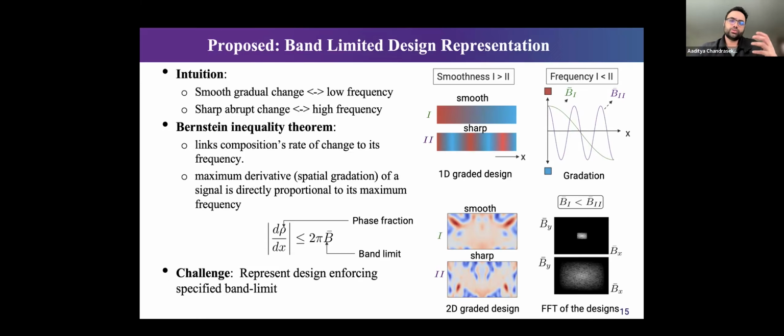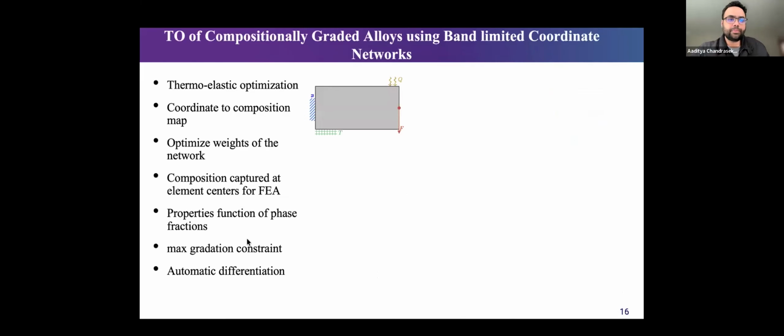So we put these two together, an implicit neural network with a band-limited representation, and the fact that we wanted a spatial gradation constraint, to get a representation that can be used to implicitly control the gradation in your design.